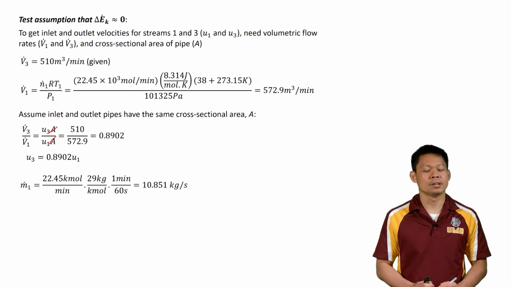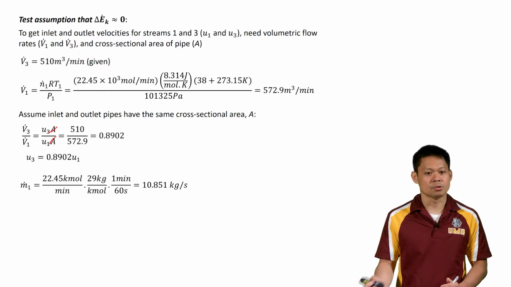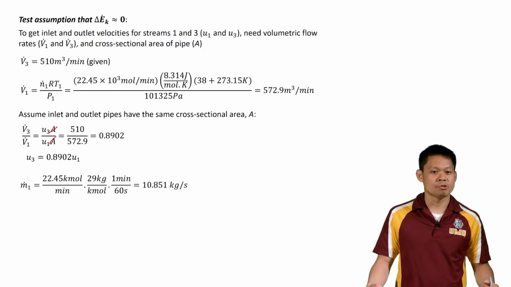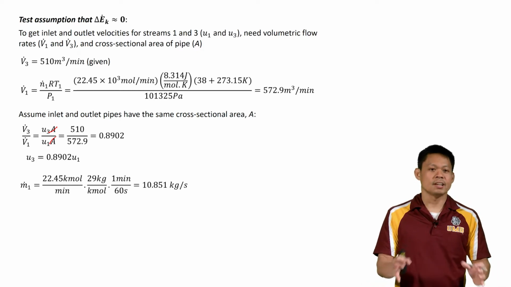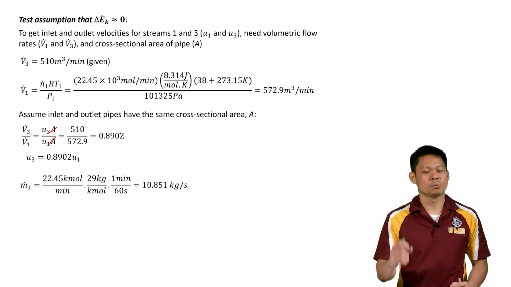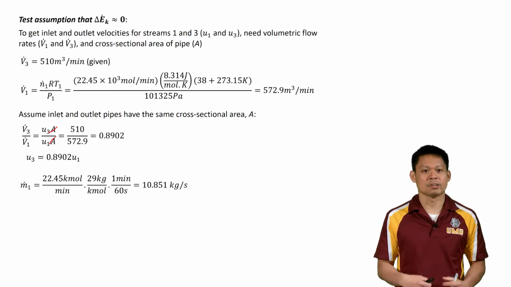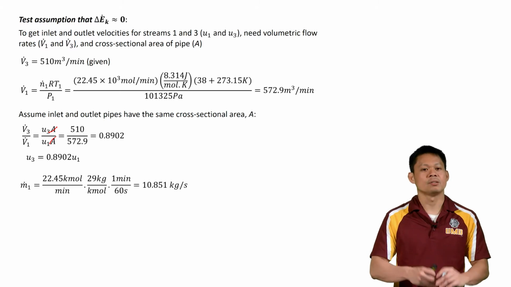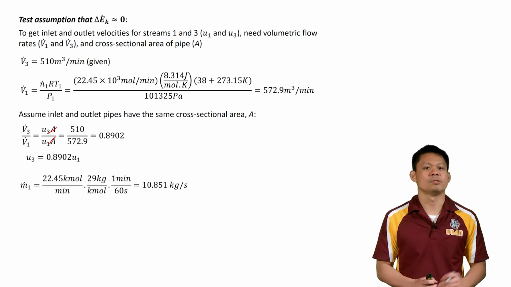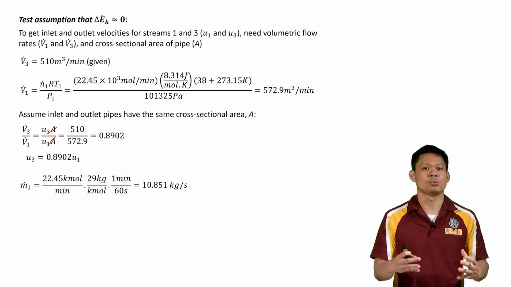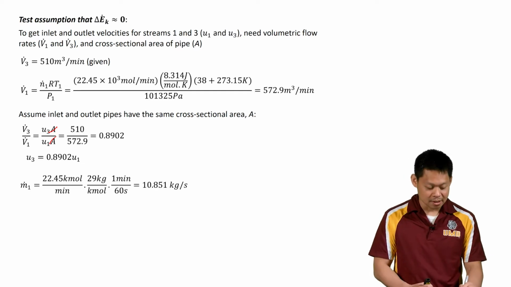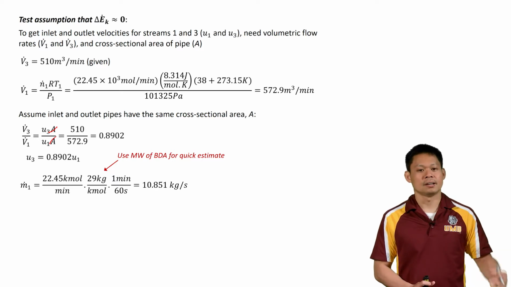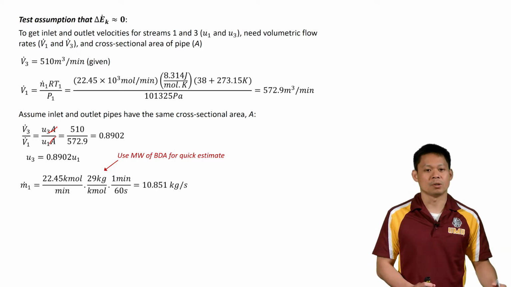So all we need to do is to use the molecular weight of that stream. Now you will realize that in both streams we have water and bone-dry air. But in this case, we're not actually doing an actual calculation. We don't need the actual numbers. We're just trying to show that delta EK is approximately 0. So rather than weighing the molecular weights, which you can do for bone-dry air and water to find the actual molecular weight of that stream, I am just going to use the molecular weight of bone-dry air because there's a lot more bone-dry air than water vapor.